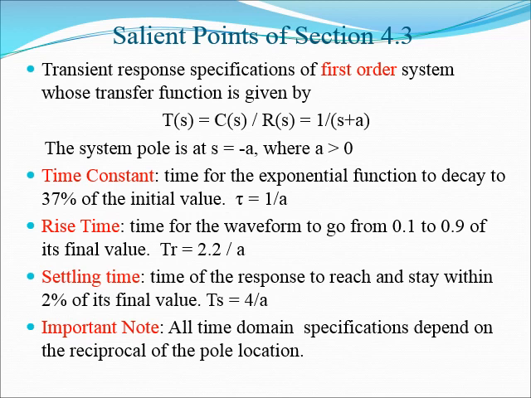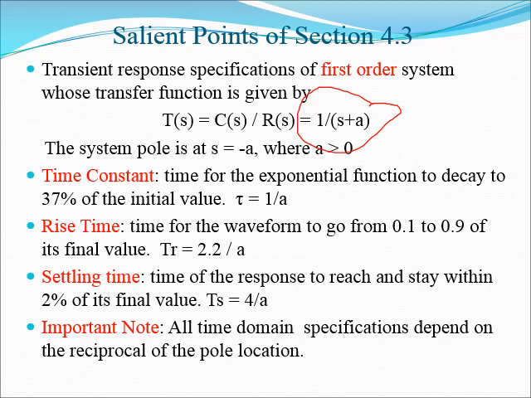Here is an example. We have a transfer function that is given by 1 over s plus a. So it has a pole at s equal to minus a, where a is greater than 0, so the system is stable. The pole is in the left half s plane on the real axis, a single pole.